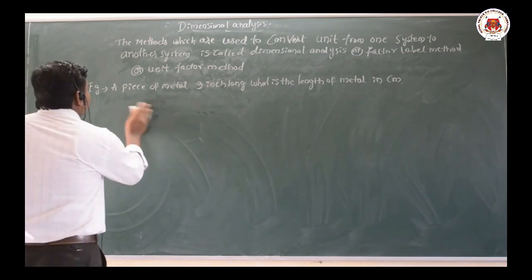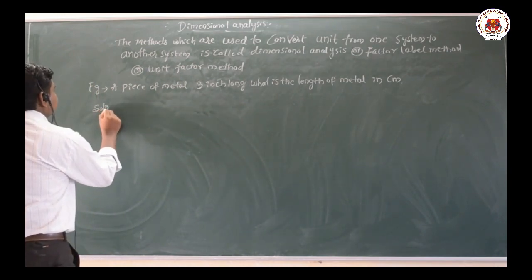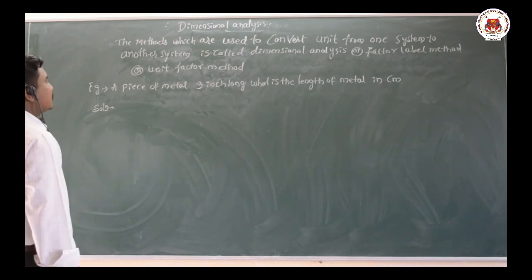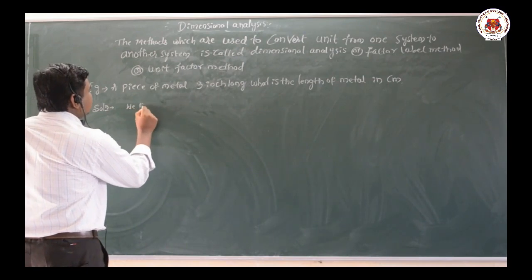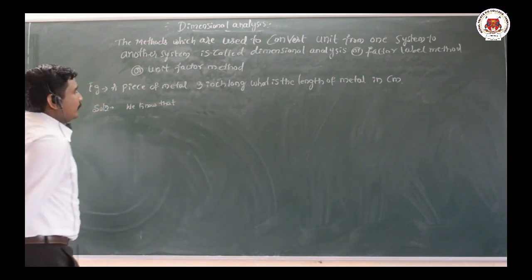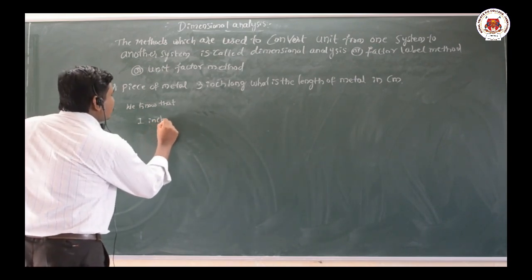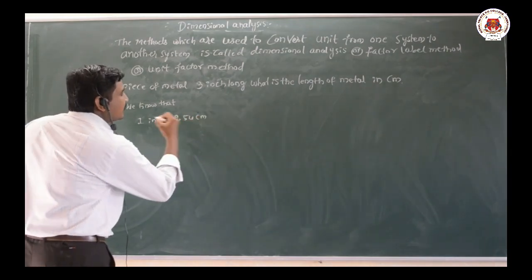So how are we going to solve this? Solution: a piece of metal 3 inch long. We know that 1 inch equals 2.54 centimeter.